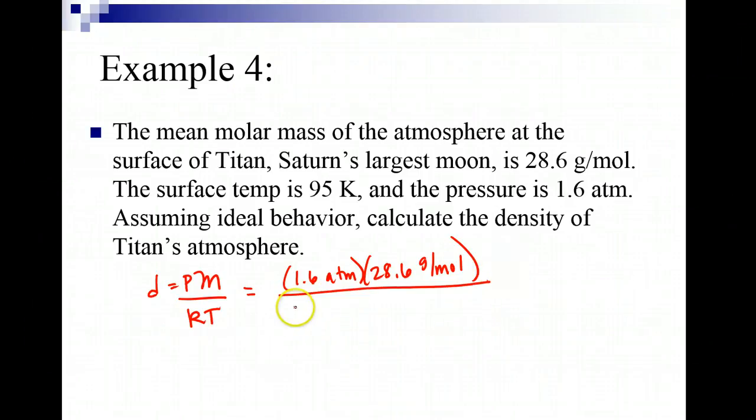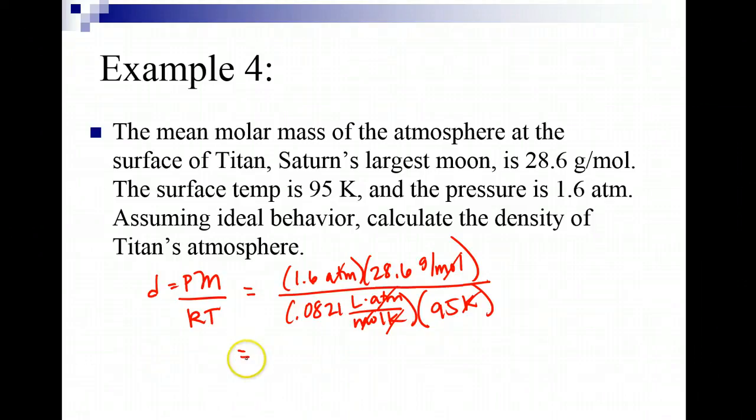And for R, we want to use the one with atmospheres, so 0.0821 liter atmospheres over moles Kelvin. And temperature is 95 Kelvin. And so atmospheres would cross out, Kelvin crosses out, moles cross out, and we get grams per liter, which is the appropriate unit for density. And if you go through that calculation, we should get 5.9 grams per liter.